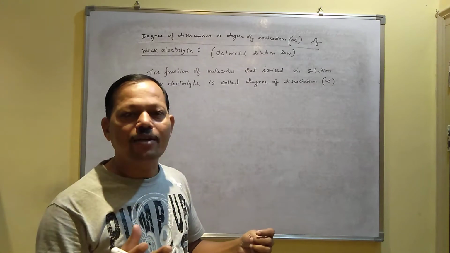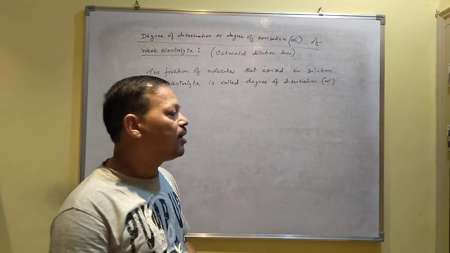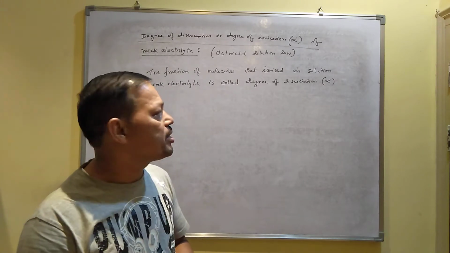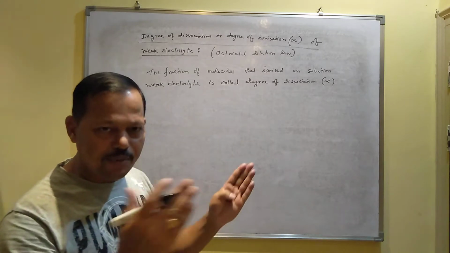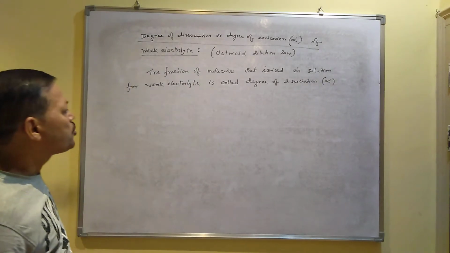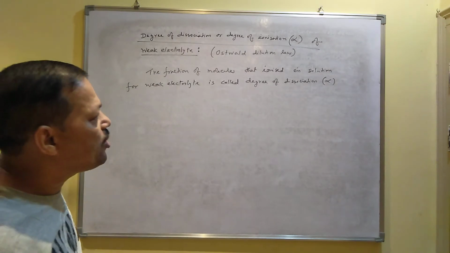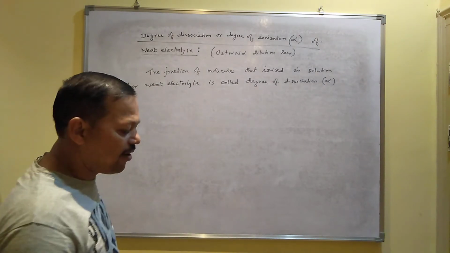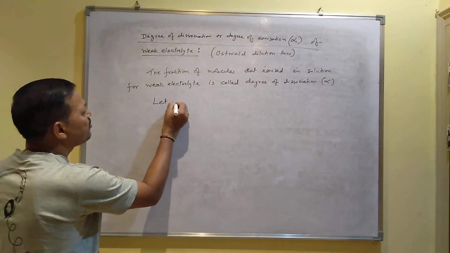If the electrolyte undergoes 50% ionization, you consider alpha value half. If 25% undergo dissociation, then you consider it as 1/4 alpha value. So the fraction of molecules that ionize in solution for weak electrolyte is called the degree of dissociation or degree of ionization alpha.